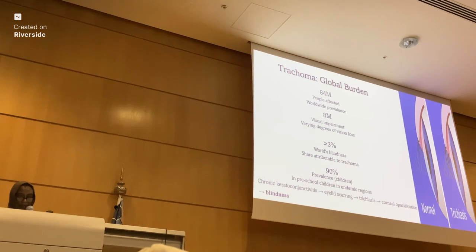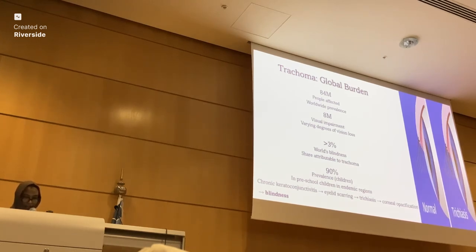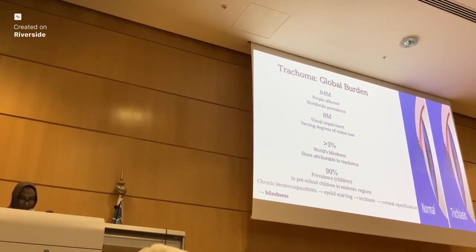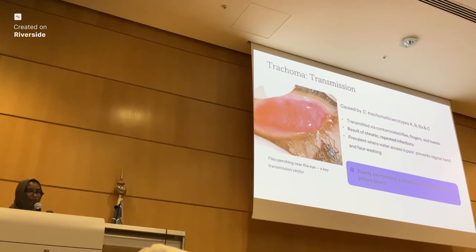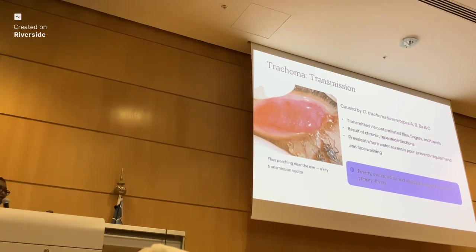When we talk about trachoma, as I said, it's a chronic infection. In terms of causative agents and transmission, Chlamydia trachomatis, with different serotypes A, B, Ba, and C, is the causative agent.